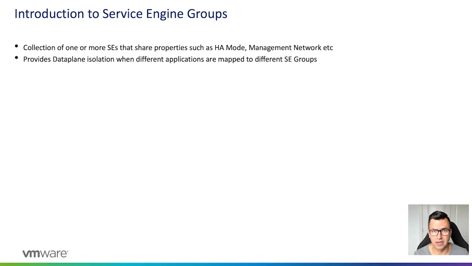It can be because you have different tenants, or it can also be some mandate within your organization to have them isolated. It can also be for the scope of a service provider, where you need isolation between the applications that run on them. So you can accomplish that through the service engine groups.